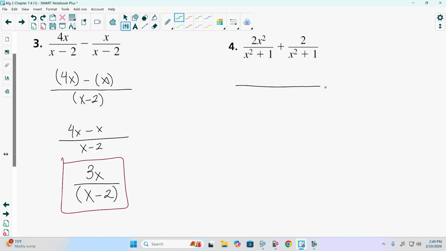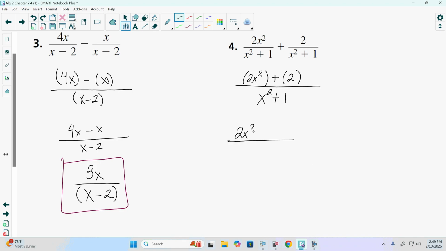2x squared over x squared plus 1 plus 2 over x squared plus 1. Are the denominators the same? Yes, they're both what? They're both x squared plus 1, which means since the denominators are the same, we can add our numerators together. Now, we don't necessarily need the parentheses for this here.